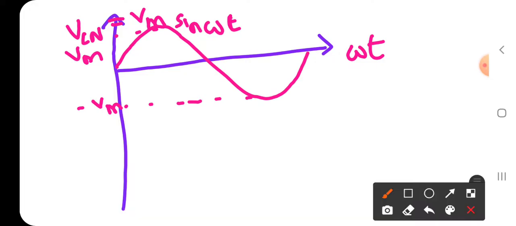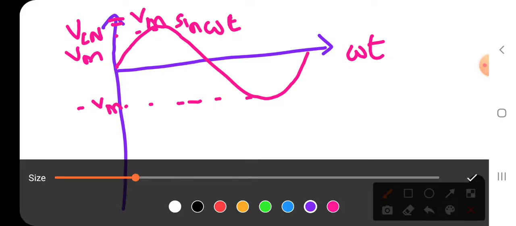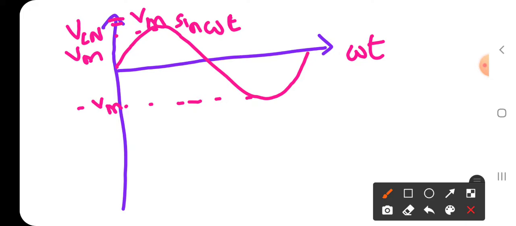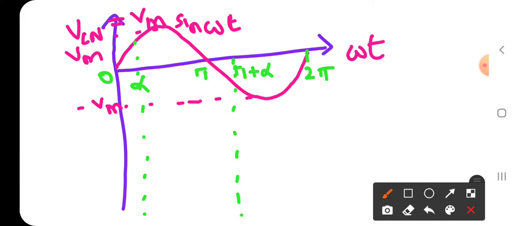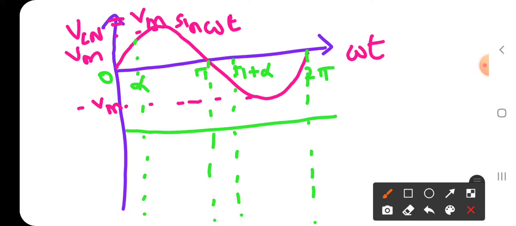Also drawn is where we have the gate pulse. The gate pulse is given, this is 0, pi, 2 pi. Gate pulses are given at alpha and pi plus alpha. At alpha we have given the gate pulse for two SCRs, those are SCR 1, 2 and SCR 3, 4.